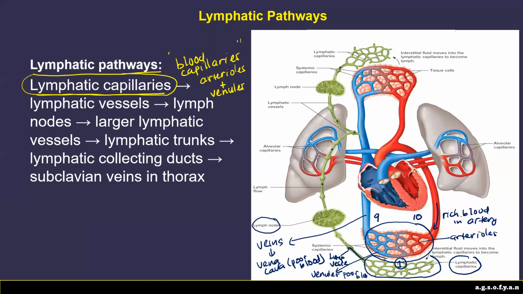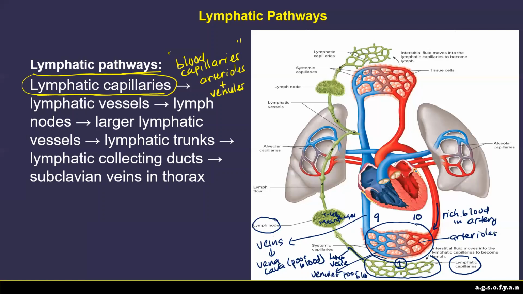In the lymph node, we have a lot of T cells and macrophages that will destroy foreign molecules like maybe bacteria or viruses.